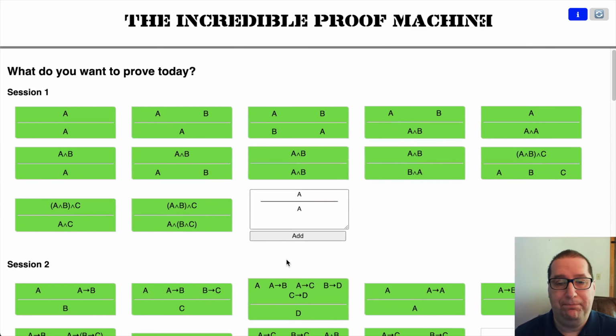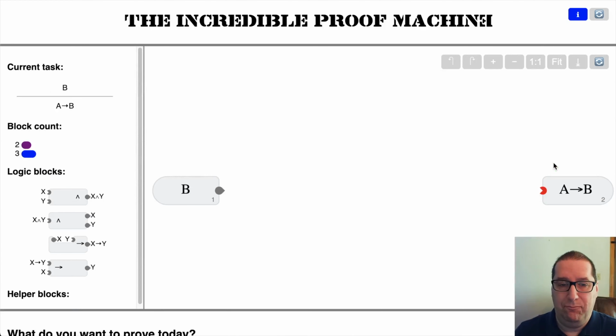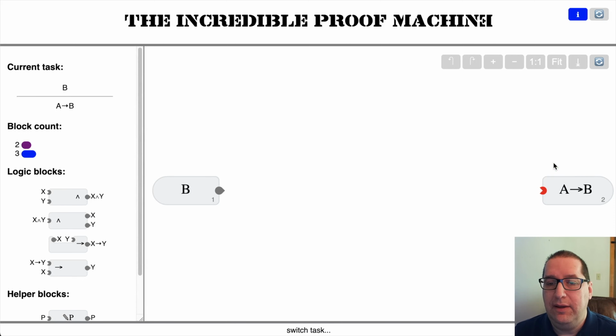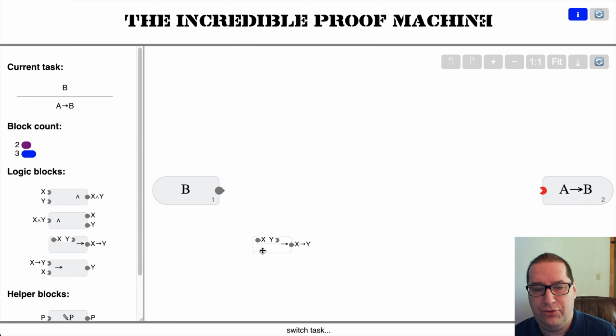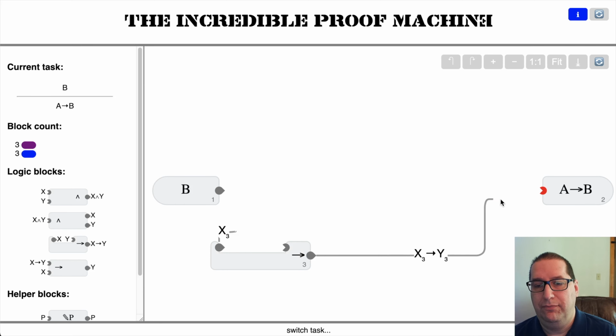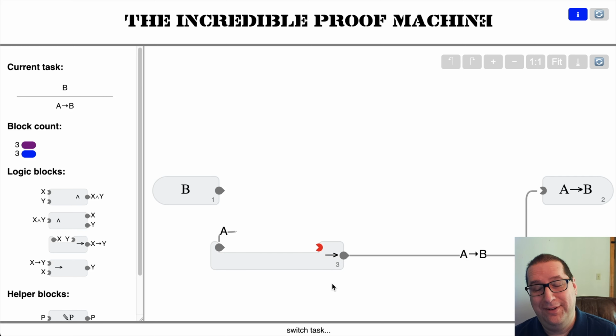Let's go on. Given B, prove A implies B. This is demonstrating that you don't have to use your assumption to introduce your implication.